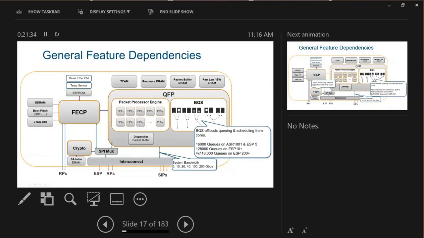We have around 16,000 queues on the ASR 1001 and ESP5, and the number of queues will increase as the throughput or the line card rate increases. So once the packets are processed, they'll be put into queues and sent out of the chips.